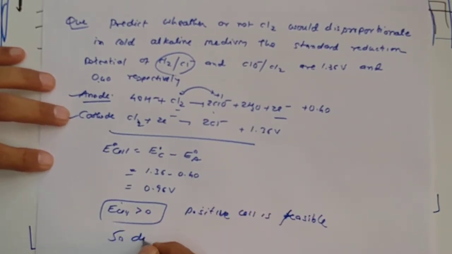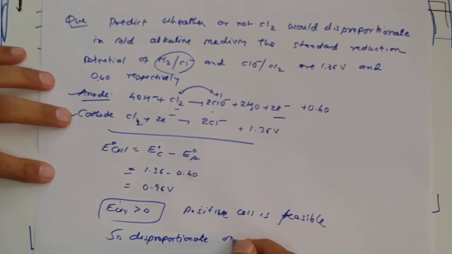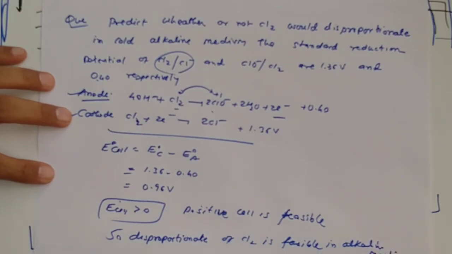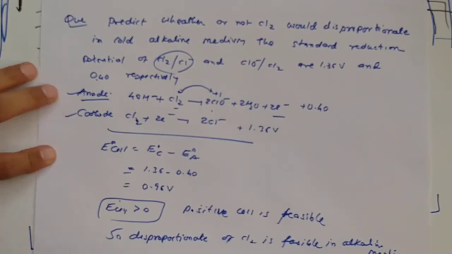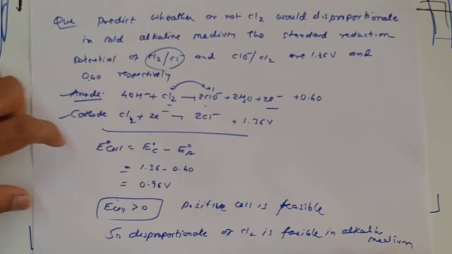So the disproportionation of chlorine is feasible in alkaline medium. It is proven. If the cell potential becomes negative, then it never works.